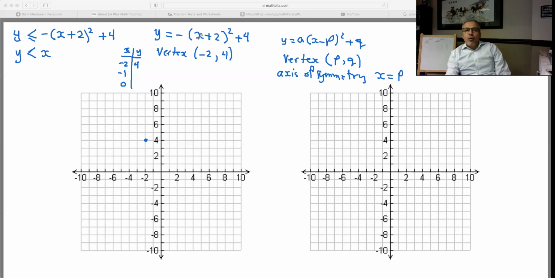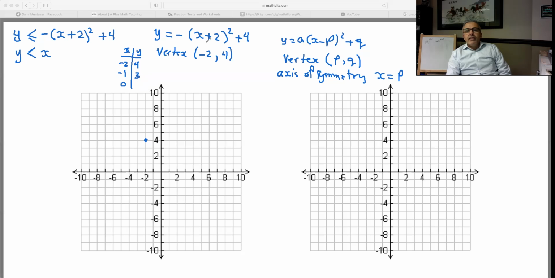If I substitute -1 here, you just have to do your arithmetic. Remember BEDMAS. -1 plus 2 is 1. 1 squared is 1. Then you have a negative in front of that, so that makes it -1. -1 plus 4 is 3.